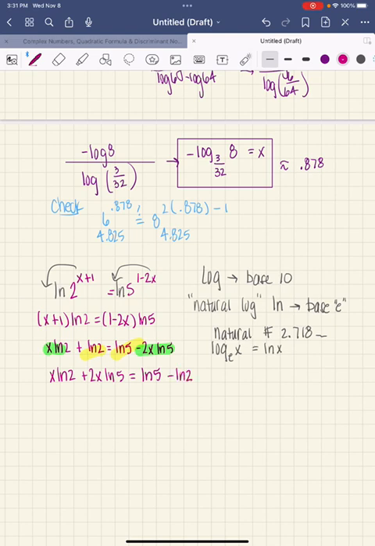That's not the natural log of 3. It is, however, the natural log of 5 halves. Quotient rule, all the rules that apply to log base 10 apply to natural log. And then on the left-hand side, I'm going to factor out an x. That's going to give me the natural log of 2 plus 2 times the natural log of 5. I'm going to divide both sides by the natural log of 2 plus 2 times the natural log of 5.